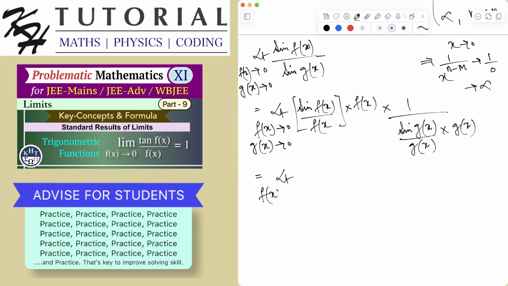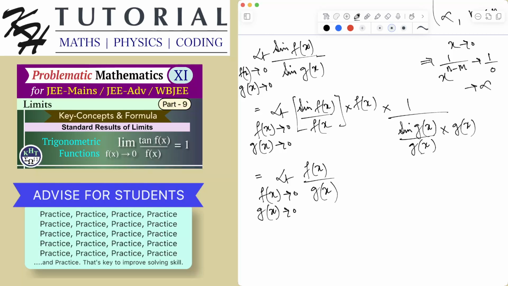So this becomes limit f(x) tending to 0, g(x) tending to 0, we have f(x) by g(x). Obviously, since f(x) and g(x) both are tending to 0, this is of the indeterminate form 0 by 0. Hopefully, in most cases, you will be able to solve this limiting problem using L'Hopital's rule. Okay, this was one pattern of problem.